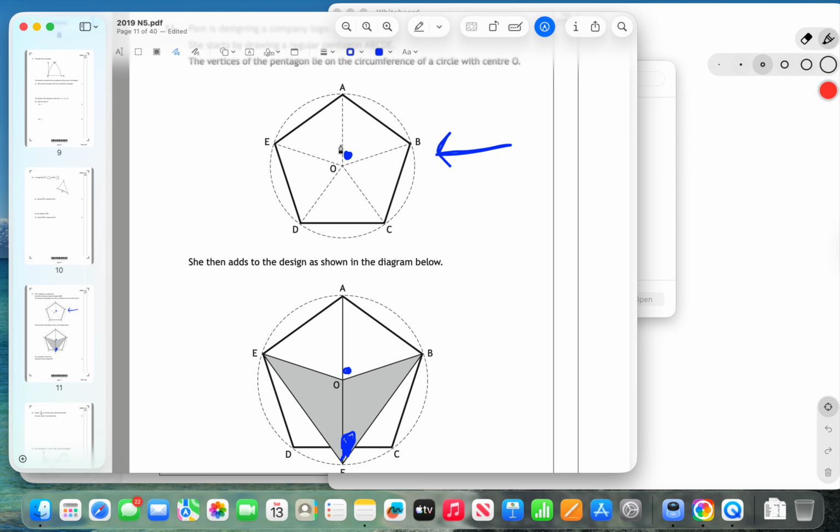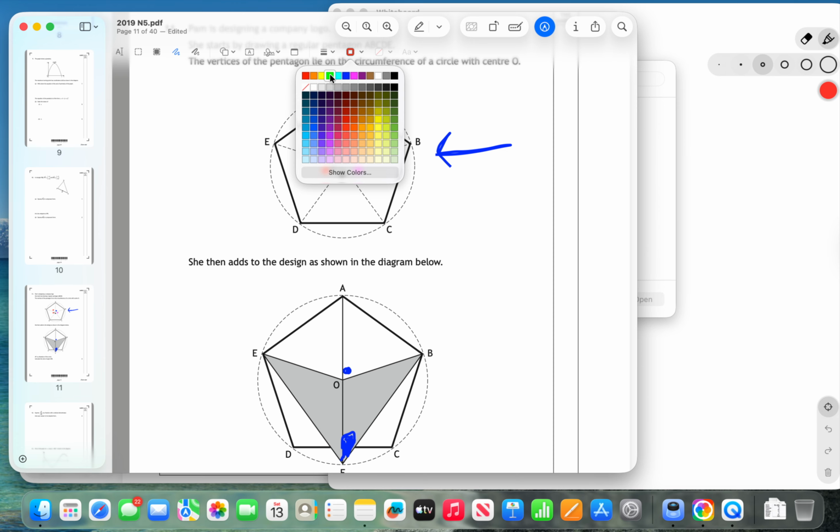Now if you have a look at it, this angle has to be equal to this angle, which in turn has to also be equal to this angle, and same with this angle, and last but not least, this angle.